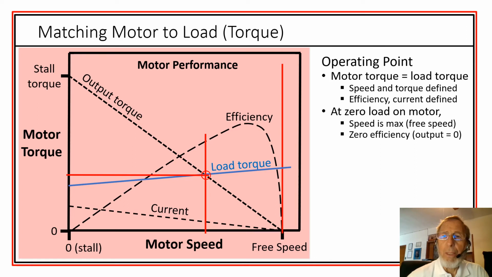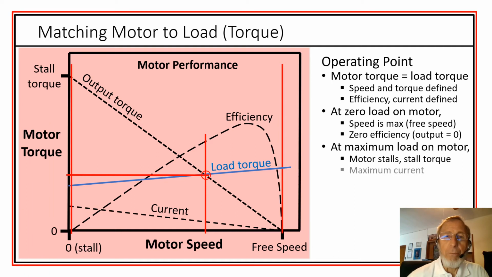But if you look at a condition where the load on the motor is 0, so it's freewheeling, as indicated by the red line on the right side, the speed of the motor is max, it's at its free speed. The efficiency is 0, and the output torque is 0.